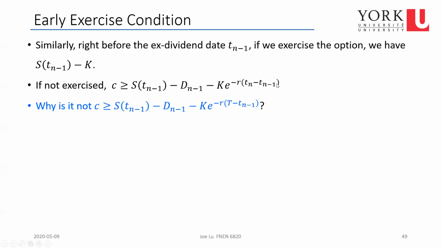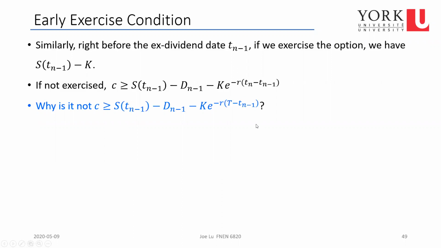Now you may wonder, how come it's between Tn and Tn minus 1, but not between the final maturity date T and Tn minus 1? So what is a smaller discounting period here?